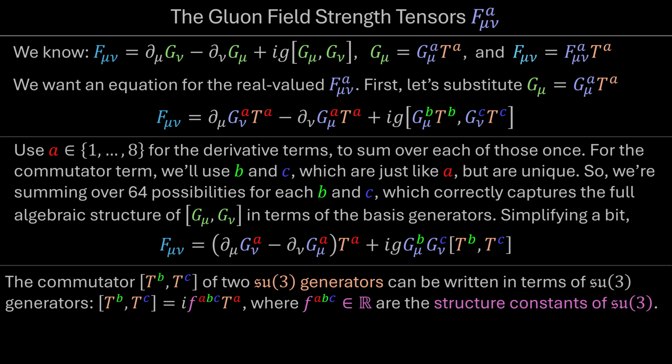Therefore, if you divide it by i, you make it a traceless Hermitian matrix, and therefore you can pull it into SU3, and therefore, thanks to the octopus, you can write it as a sum over the generators of SU3, T A.